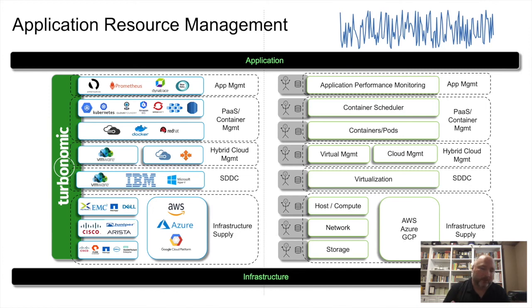You cannot make a localized decision on a VM or a compute instance type. You must look up the stack at the application that's running on that compute instance or VM, and you must look down the stack at what it is running on to understand the constraints on how you can configure that thing. And so you must have a solution that makes not a localized decision, but a system-wide understanding with localized decisions.